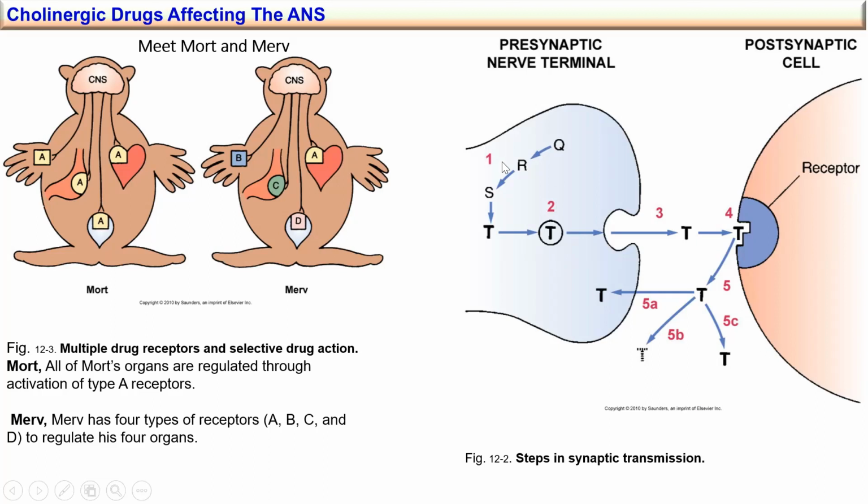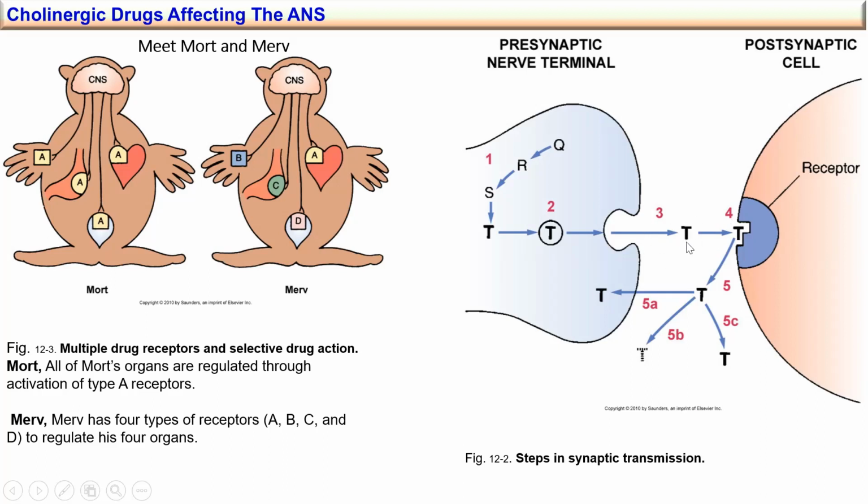So 1 is synthesis from different types of precursors, 2 is storage of the neurotransmitter, and 3 is the release of the neurotransmitter. In response to an action potential, the vesicles fuse with the terminal membrane and discharge their contents into the synaptic gap.